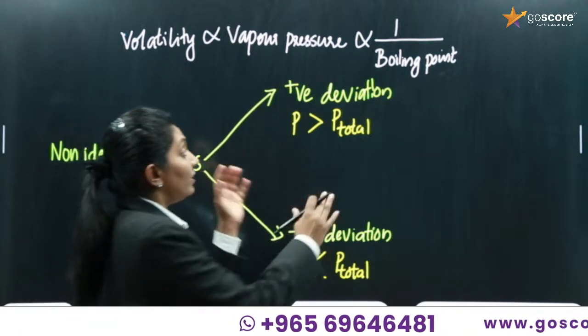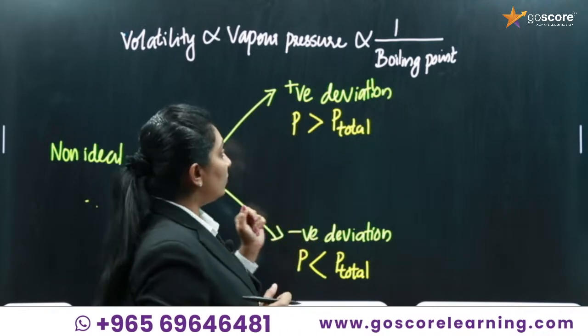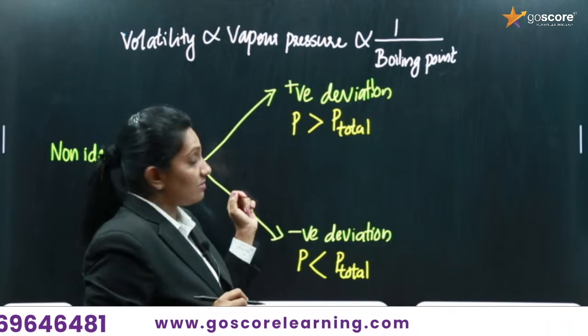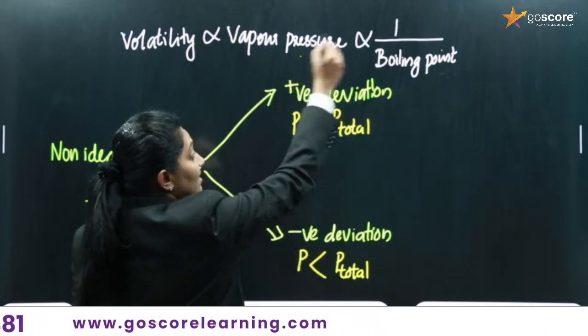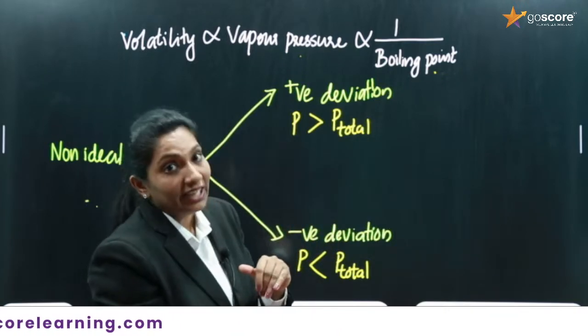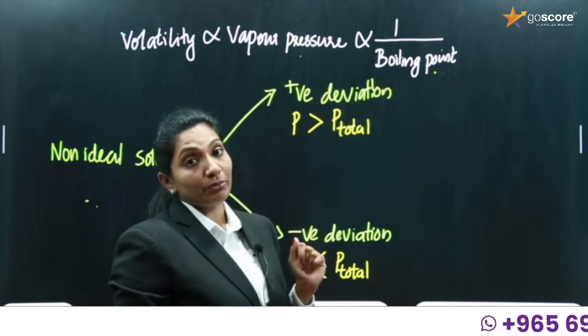Okay, so when the solution shows positive deviation from Raoult's law, the pressure is greater for such solutions, right? So when the pressure increases, what happens to the boiling point? The boiling point will decrease, right? Whenever the vapor pressure increases, the boiling point decreases.